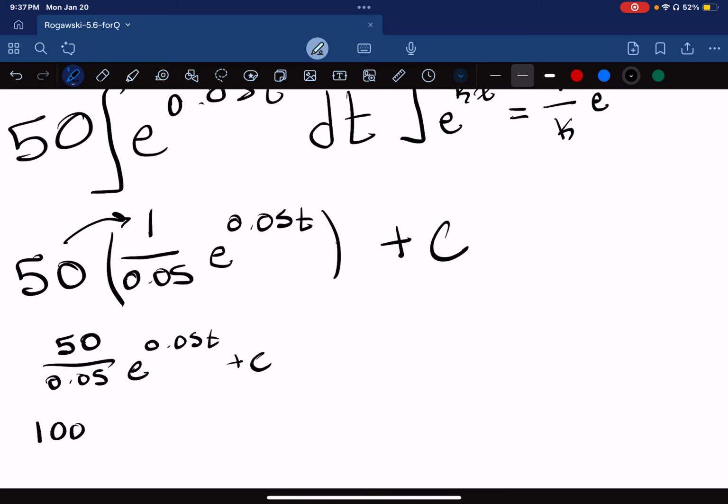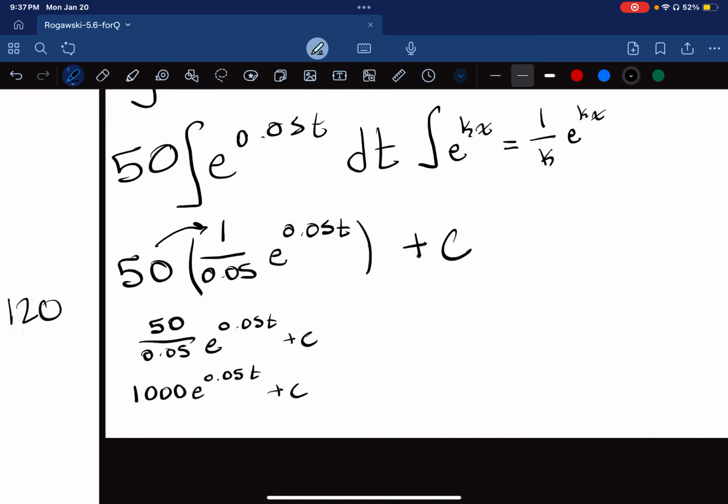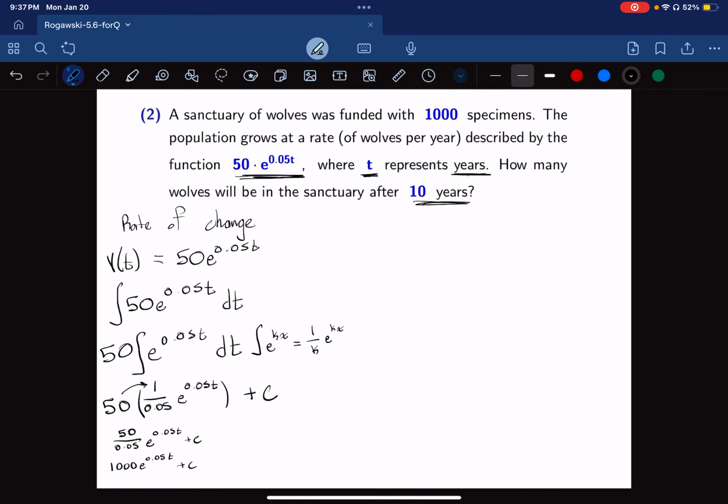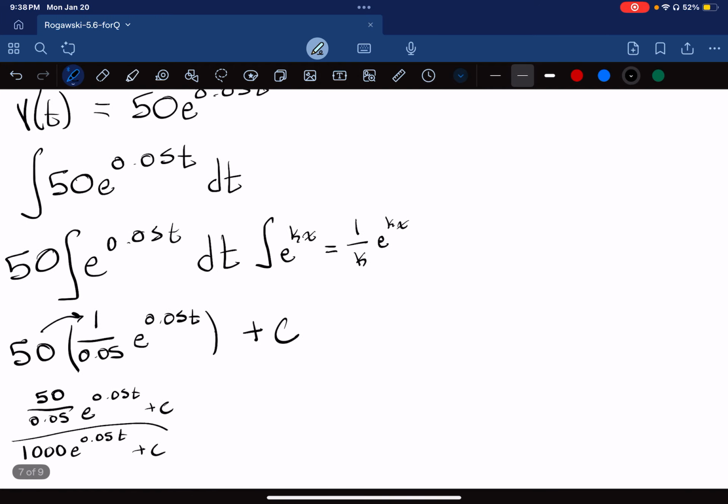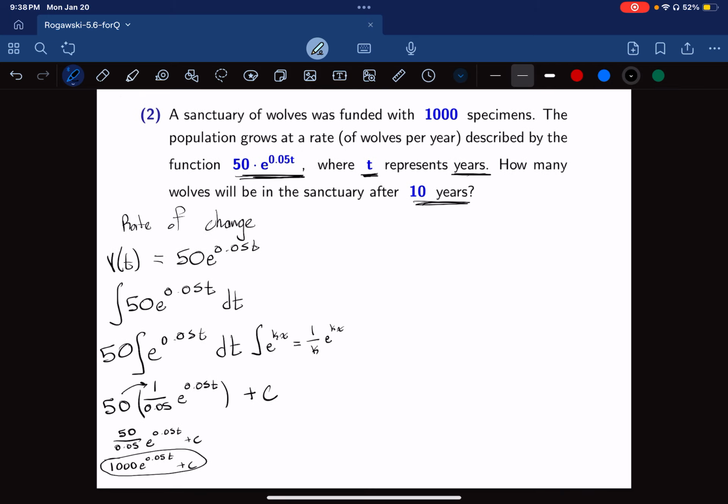So 1,000 e to the 0.05 t plus c. Now, once again, as some of you may have already noticed, we have to remove that plus c from our equation, because we don't want any other variables other than t in this equation. So, how do we do this?